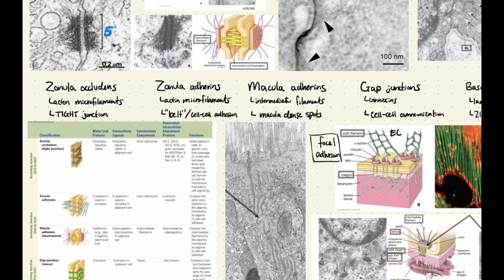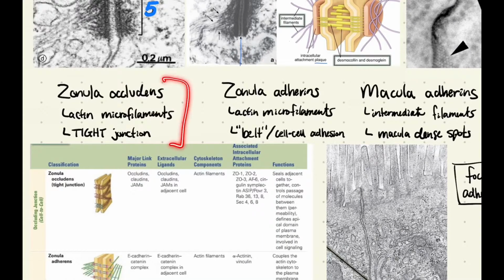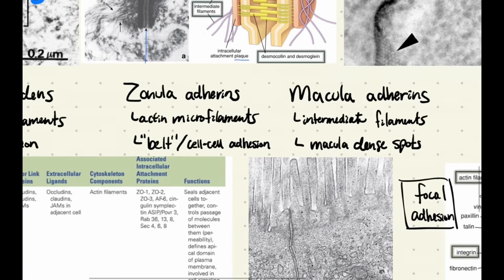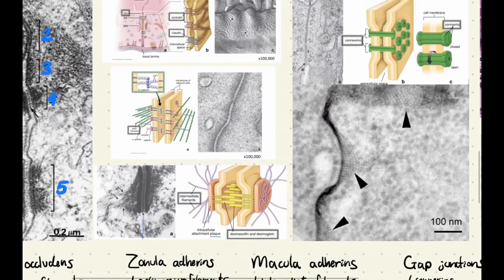Okay, so just to recap, the Zonula Occludens is attached to actin microfilaments. It forms a tight junction. That's the biggest thing for the Zonula Occludens. The Zonula Adherens, they also attach to actin microfilaments, and they form kind of a belt structure.